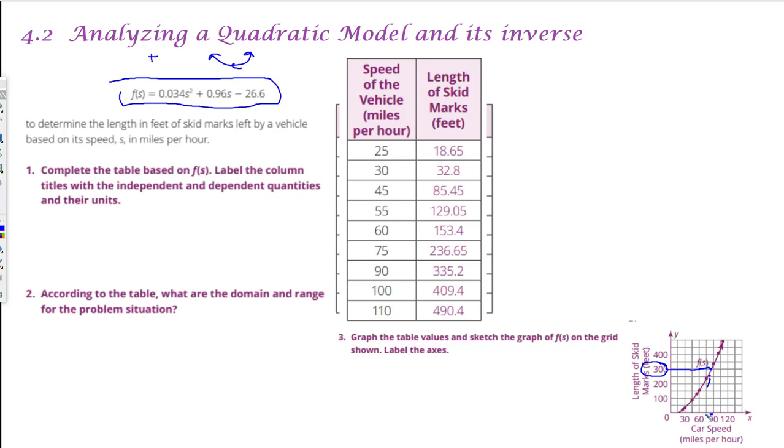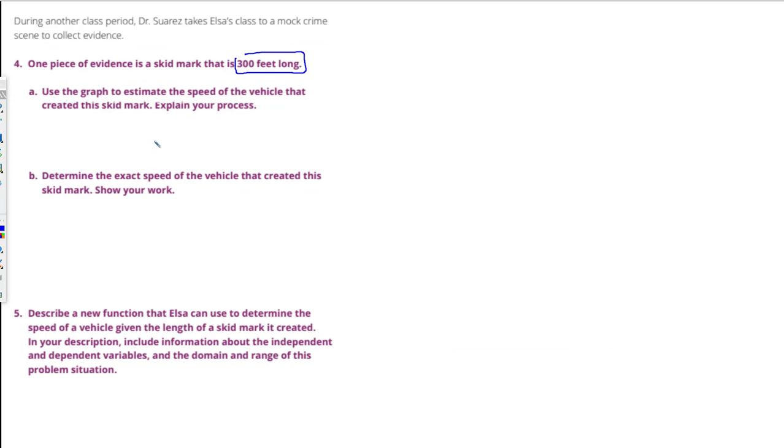So here's 60, here's 90; between 60 and 90 is going to make this at 75. And so that makes this at about roughly 80 miles per hour. So that skid mark is going to be created by a car that's going roughly between 80 and 85 miles per hour.